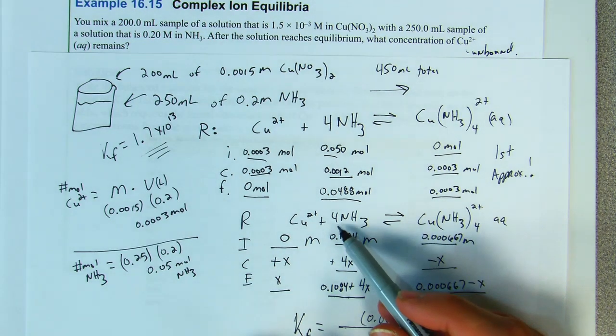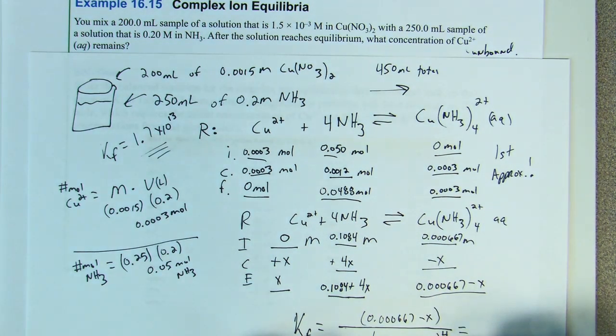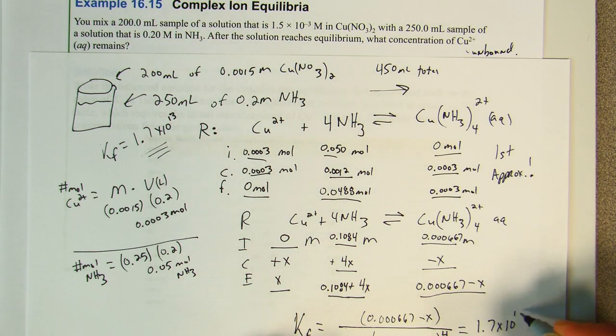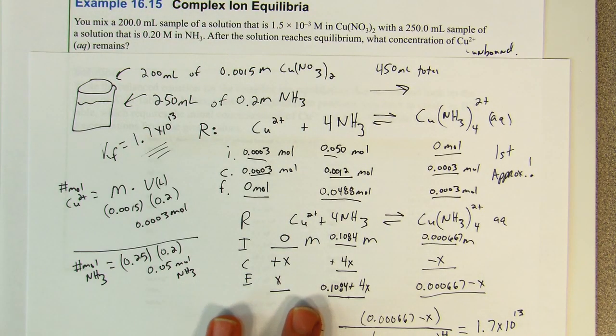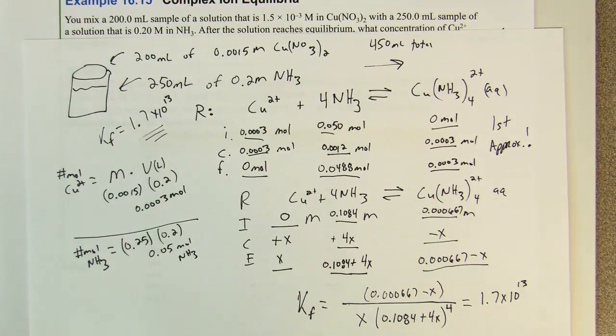Right, because of that 4. And then when I look up my value of Kf in the table, my formation constant for this particular reaction, I get 1.7 times 10 to the 13th. And then that's what I write on my piece of paper for my Kf expression. That's my equation. And if I could solve that for x, I would know everything that I need to make this work, wouldn't I? And that's what I'm going to do.